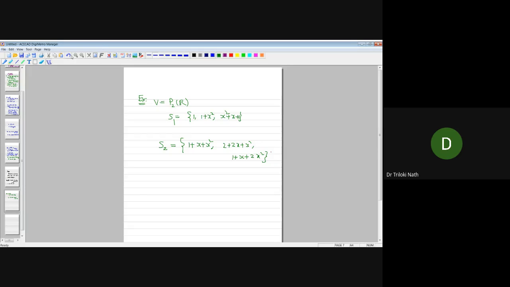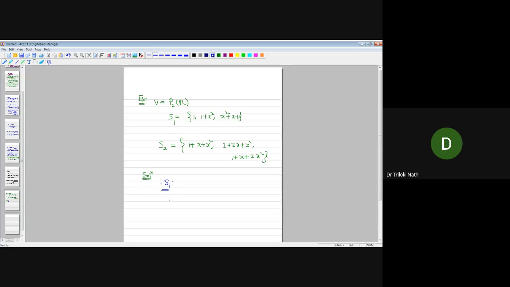So let us see what is going to happen. Let us take S1 first, and see whether it generates or not.